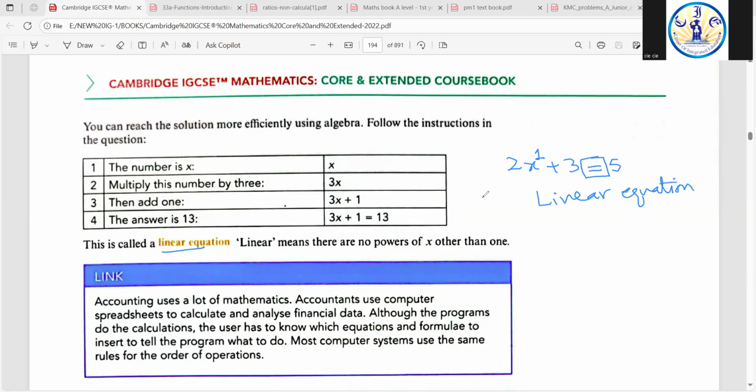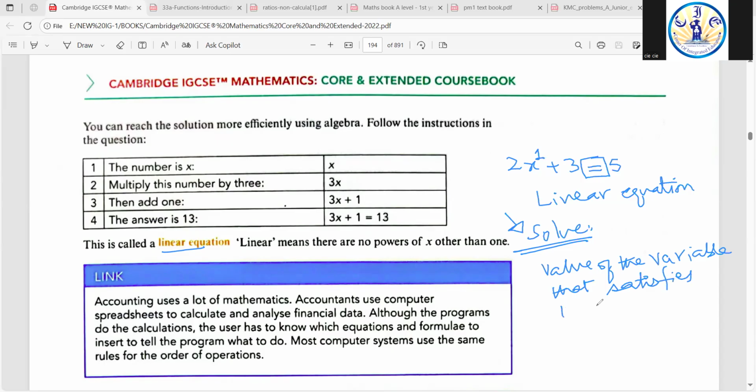Then when we need to solve a linear equation, by this keyword solve, we mean to find out, or to work out, or to dig out the value of the variable that satisfies the given equation.